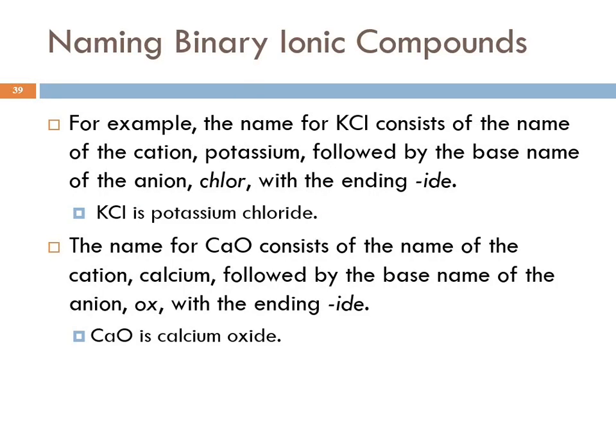So if we look at KCl, we're going to separate it into its ions. We're going to look at the K and the Cl, and we're going to name them separately and then list them. The metal goes first, the nonmetal goes second. Why? Because we decided. On a wedding invitation, is it Mr. and Mrs. or Mrs. and Mr. John Smith? It's always Mr. and Mrs. Why? Because that's how we've always done it, right?